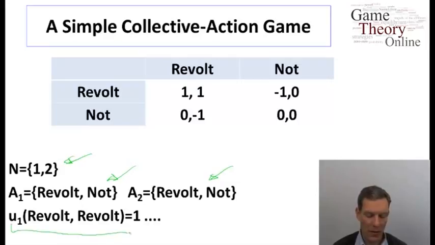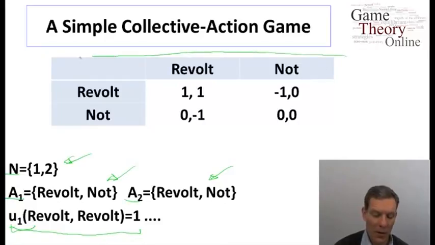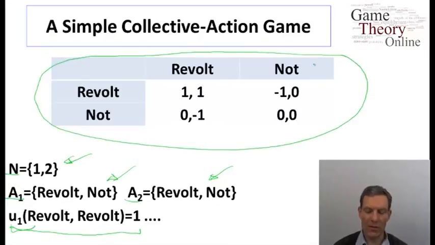In this case, if they both revolt, they get a payoff of 1, and so forth. So we can represent that in terms of listing the N, the A_i's, and the u_i's, or often if it's just a 2-player game, it'll be represented simply in terms of a matrix, which lists the actions for the row player, player 1, column player, player 2, and then in each entry lists what each player gets as a function of those possible actions.